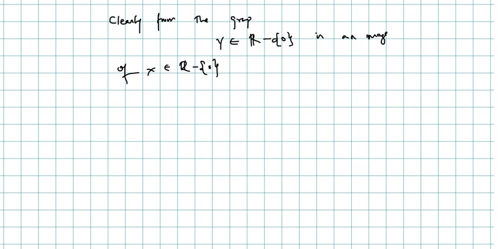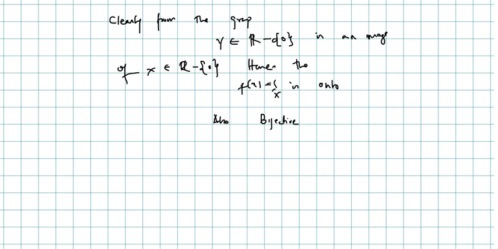Hence the function is onto. Hence f of x equals 1 by x is onto, and as well it is bijective, also bijective, okay.